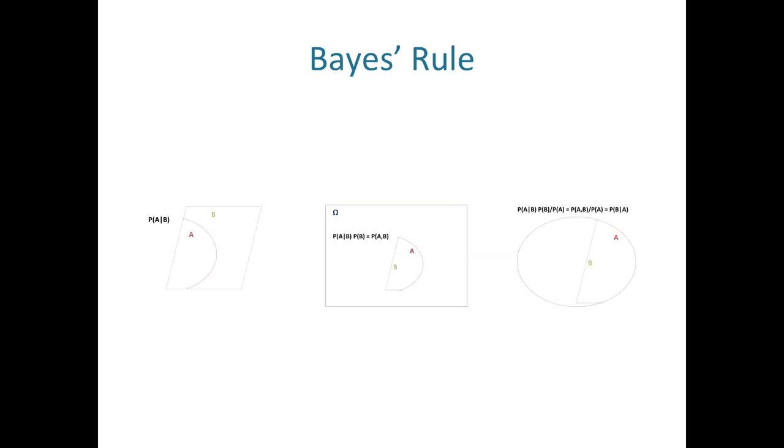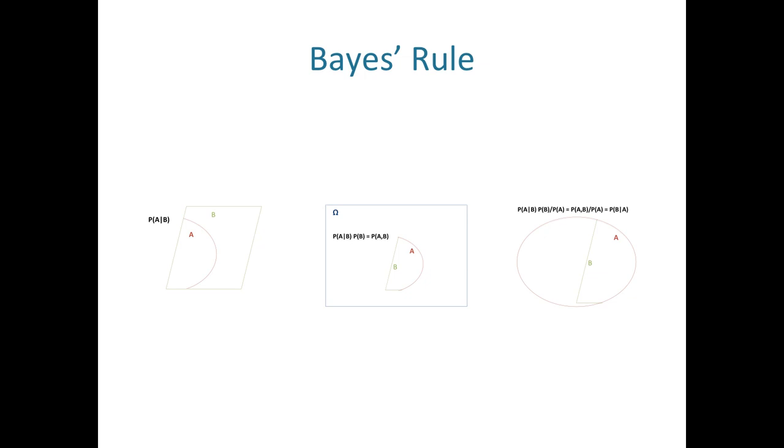Okay, so how can we express this graphically again? So in this case, we are starting with the probability that A happens given that we know that B happens, which is the example that we saw for the conditional probability, okay, that's the graphical representation. But now what Bayes' rule is saying is that we need to add to that the fact that given that B happens, what's the probability that A is going to happen, okay?